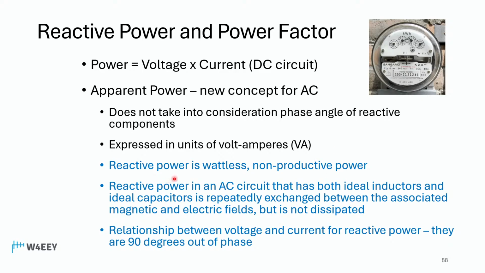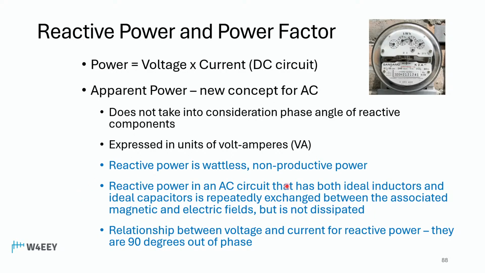So reactive power is wattless, non-productive power. Reactive power, there's no power that's consumed by a capacitor or an inductor. That's why this is true. Reactive power in an AC circuit that has both ideal inductors and ideal capacitors is repeatedly exchanged between the associated magnetic and electric fields, but is not dissipated.